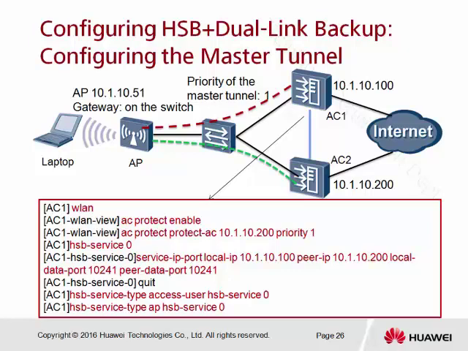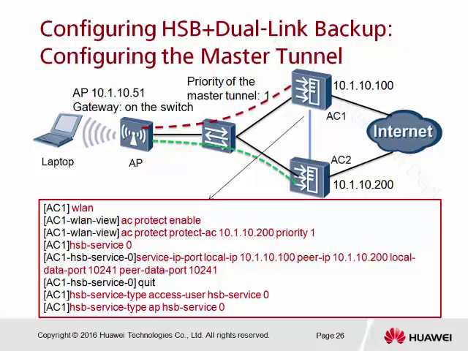Second, select the protect AC. Because this is my AC1, I key in my protect AC as the AC2 IP address, which is 10.1.10.200. Right here, I use priority number 1. This priority number 1 is for AC1 itself.